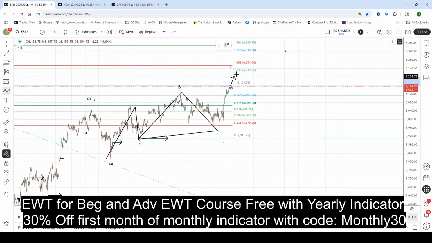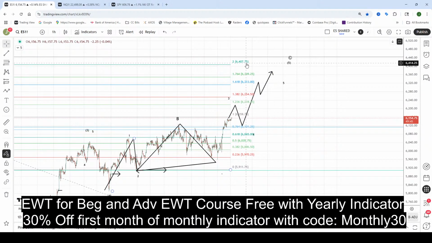In general, you would expect this kind of path up toward 6,400 as our overall target, 6407.75. This was 63.50, contract roll pushed it up. So 6,400 is our target, assuming they can continue to hold support.